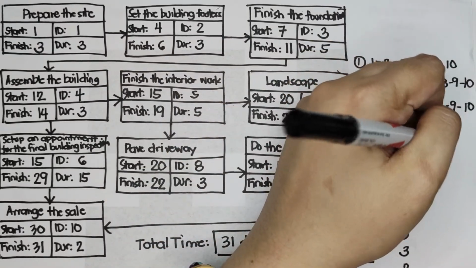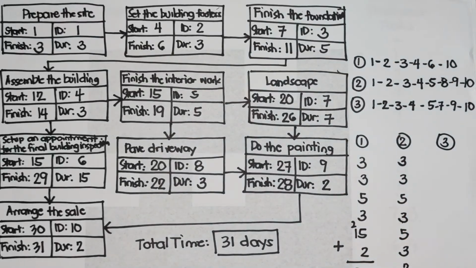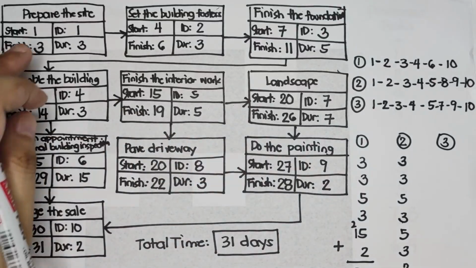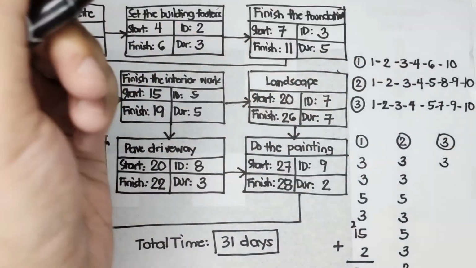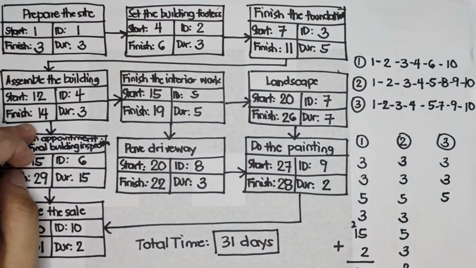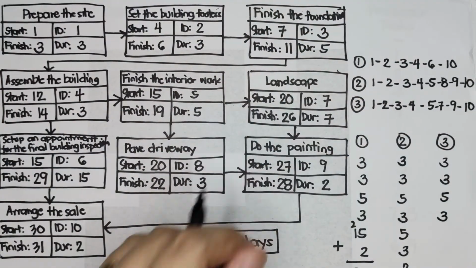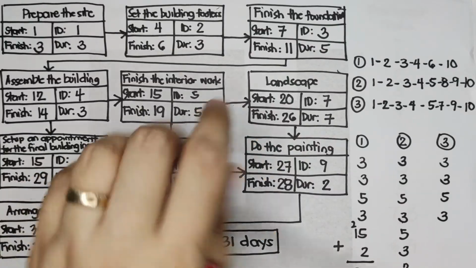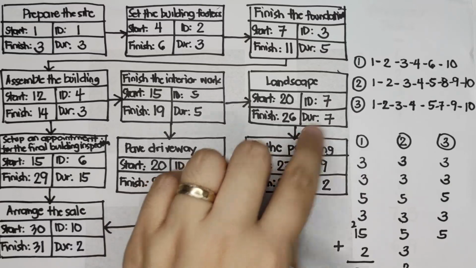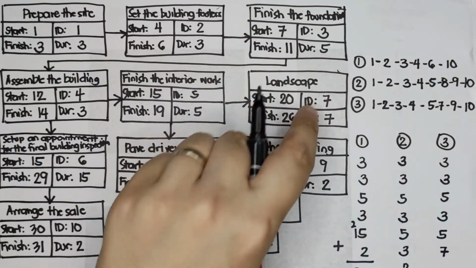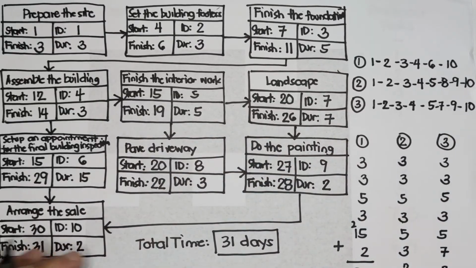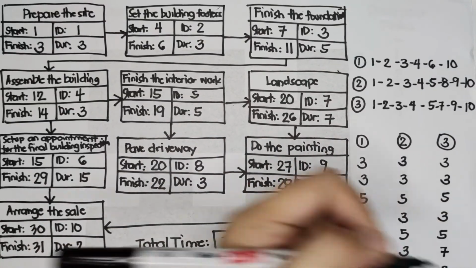And then the last path. So we have again the same for 1, 2, 3, 4, 5. So task 1 is 3, task 2 is 3, task 3 is 5, task 4 is 3, task 5 is 5, and then 7 is 7, and then 9 is 2, and then we have 2.